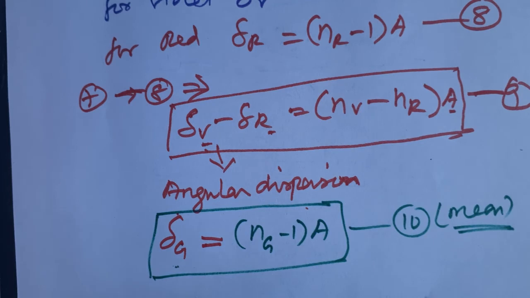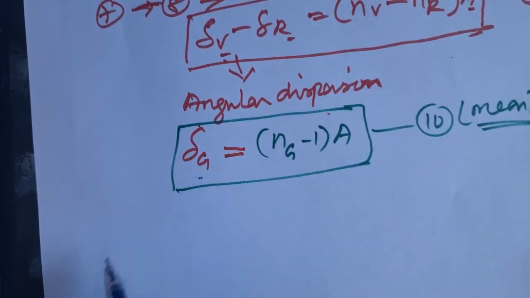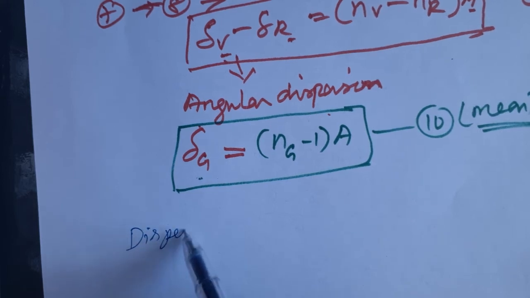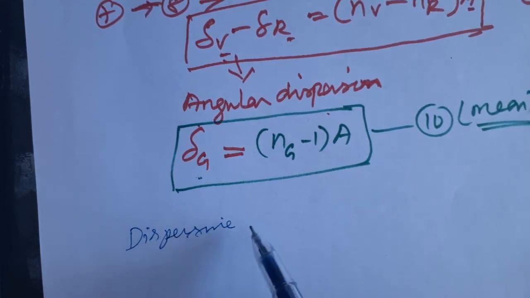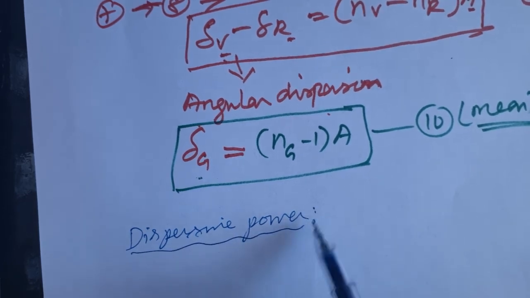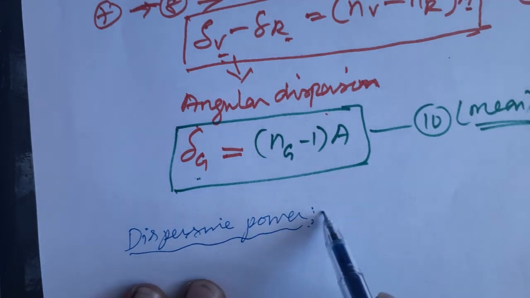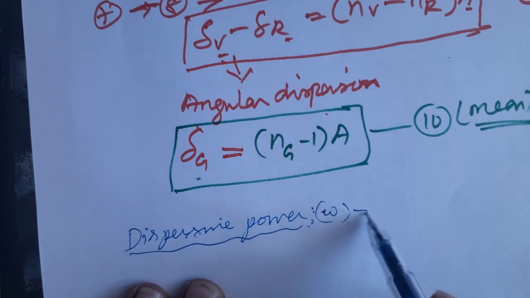Okay. Now you are going to substitute in the formula for dispersive power. You can define dispersive power as the ratio between angular dispersion and mean deviation.